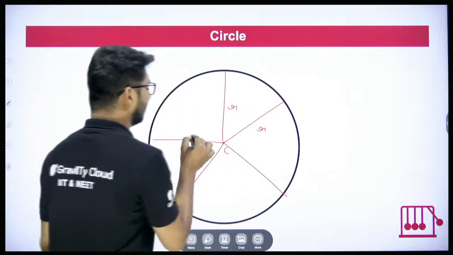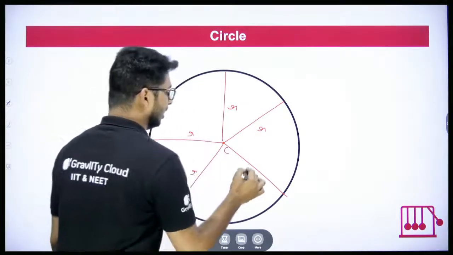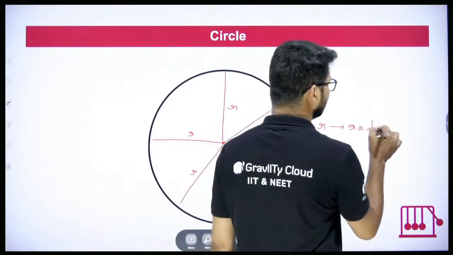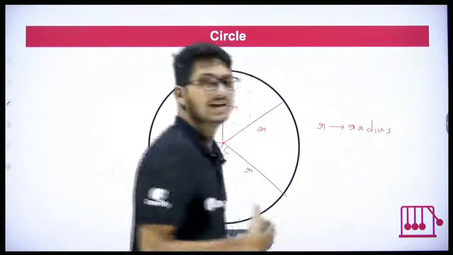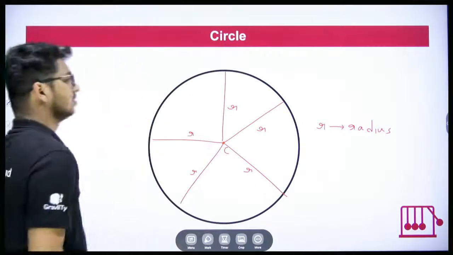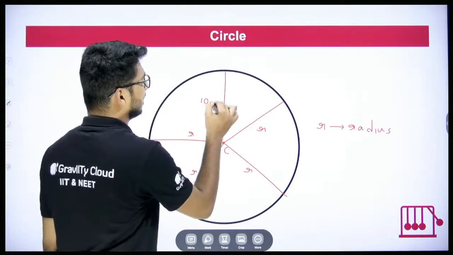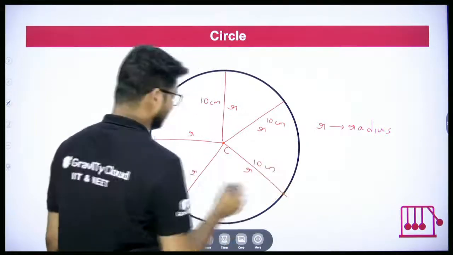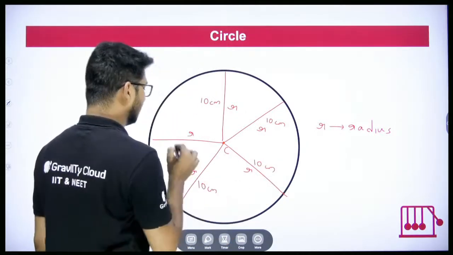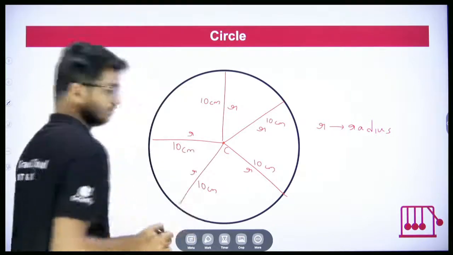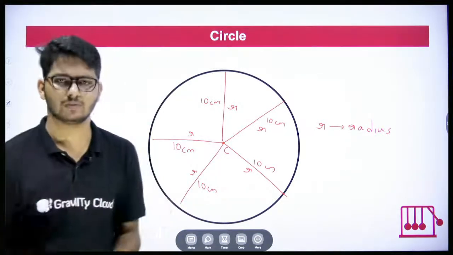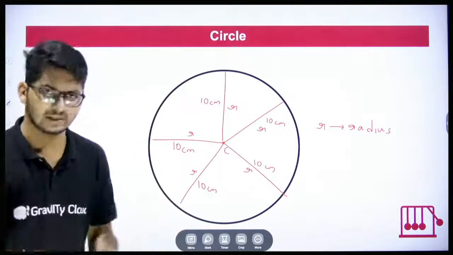I'll use a small r to show it. The length of the radius is always equal in a given circle. So if it is 10 centimeters here, it is also 10 centimeters here, and here. Obviously, if you have the radius, you can get the perimeter, or circumference, which is 2 pi r.